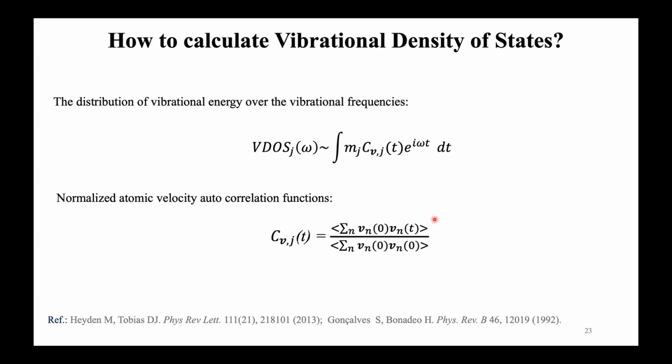The vibrational density of states describes the distribution of vibrational modes over the frequency spectrum, and it can be obtained from the calculated velocity autocorrelation function of the studied ions. We can then extract the vibrational frequencies by applying the Fourier transform to this autocorrelation function in the following form presented on the slide.